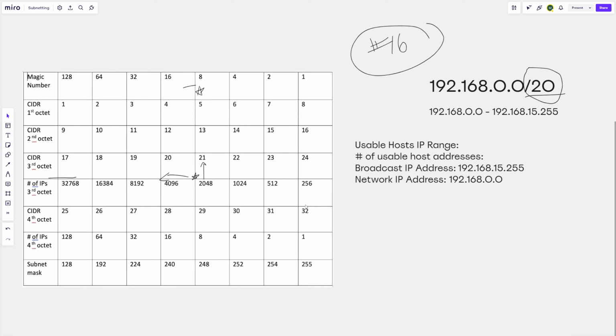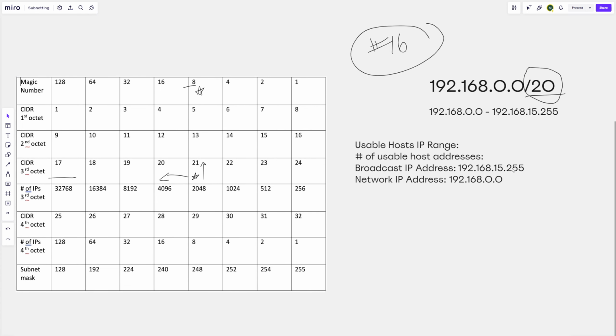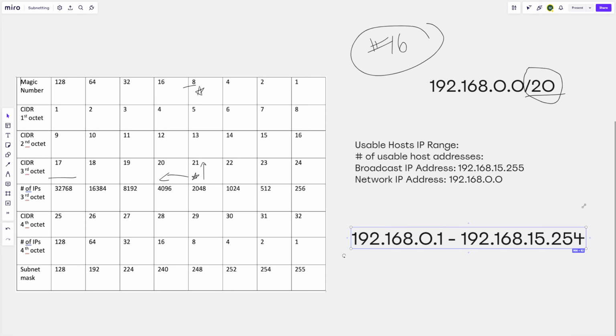Since we know the broadcast IP address is this right here, and the network IP address is right here, all we have to do is add 1 to our network address and subtract 1 from the broadcast IP address. So I added 1 to 192.168.0.0, which makes it 192.168.0.1.